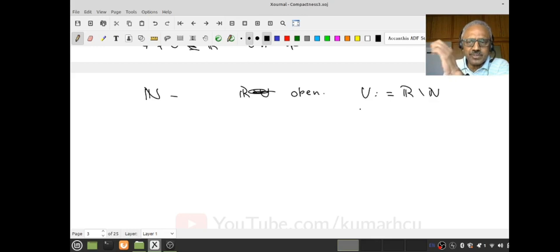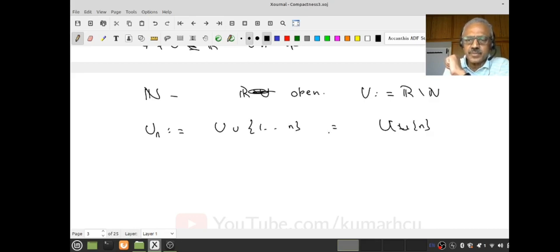So can I get an open cover starting with this? Yes, I can say U_n equal to U union {1 to n}, or U union a singleton. Now each U_n is open. Why? Its complement is a countable set; I am removing everything from n plus 1 onwards, or all the natural numbers except n.